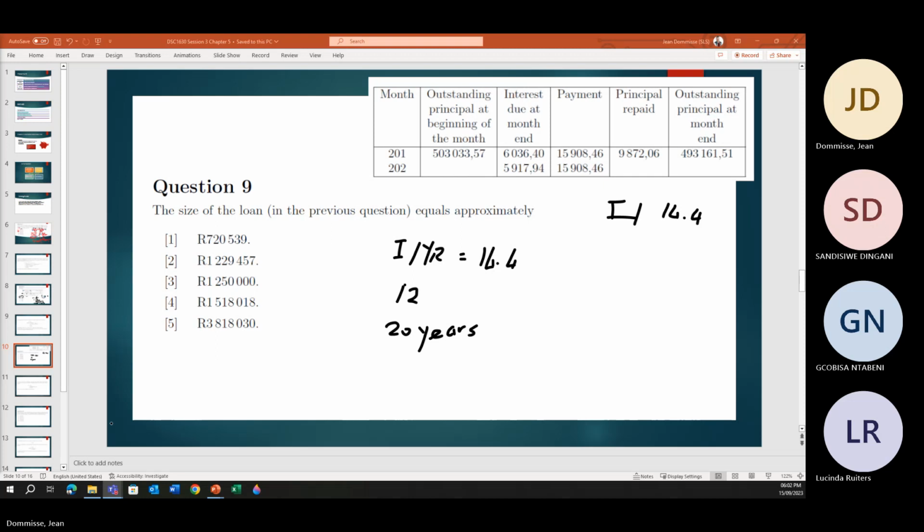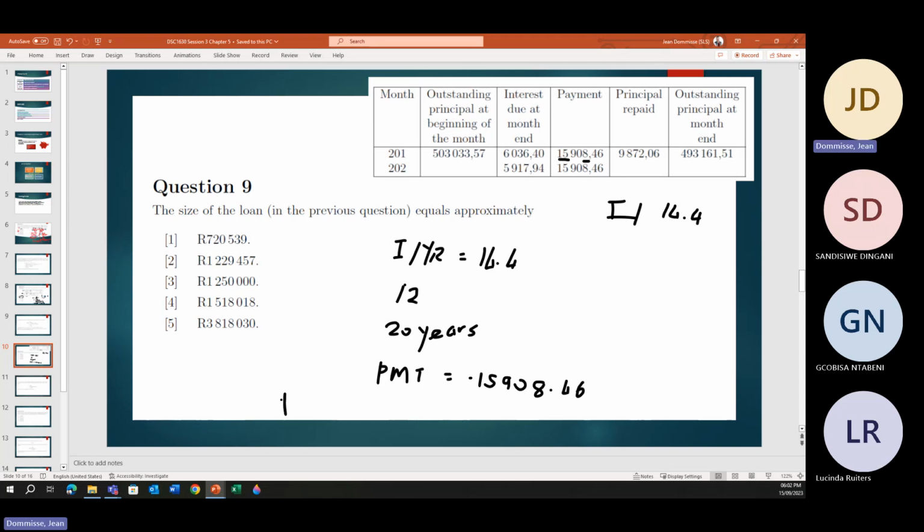And then the other thing that we get from this table is our monthly payments. So we've got the monthly payment of 15,908.46.